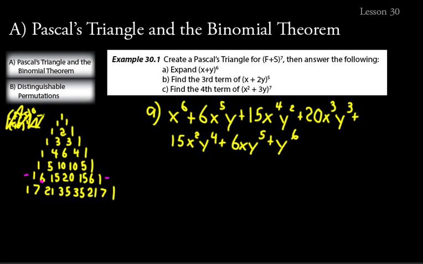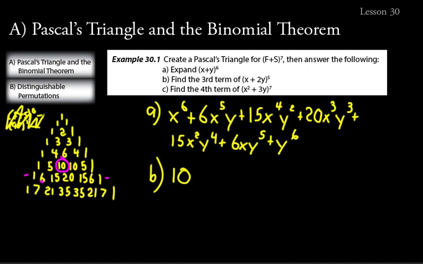In B, find the third term of x plus 2y to the 5th. So what we can do is use Pascal's triangle to find the coefficient. The third term of that 5th power row, that'd be right here, what I just circled there, the 10. So that's the coefficient. And let's think about the third term there. Well, the first term, what would that be? That would be x to the 5th.